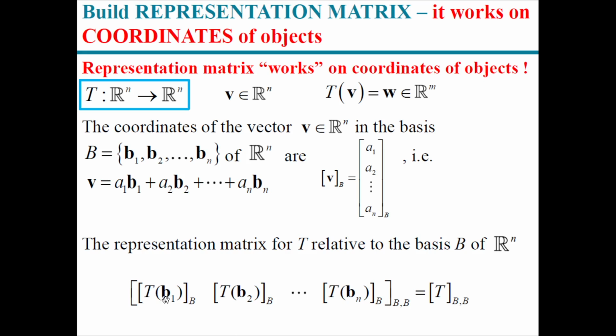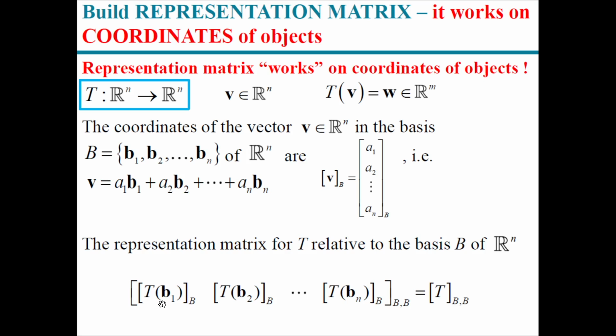TB2, TB4, TB5, TBn, fine, good. But the job is not over. Now you need to find the coordinates of TB1 in basis B. So there is more work to do. And then you need to find coordinates of TB2 in basis B, and so on. So what you have in the representation matrix relative to basis B for inputs and outputs are the coordinates in basis B of the image of each basis vector from basis B.